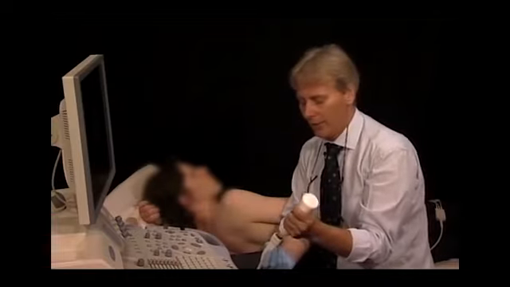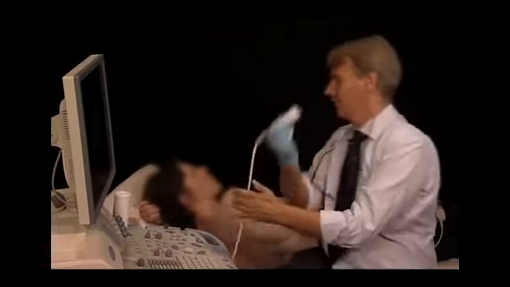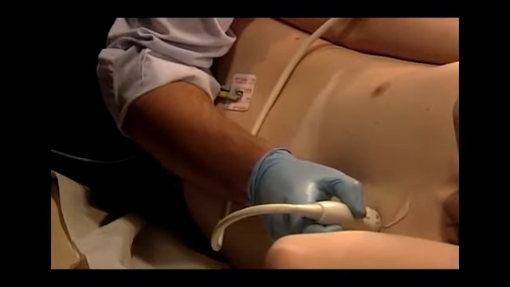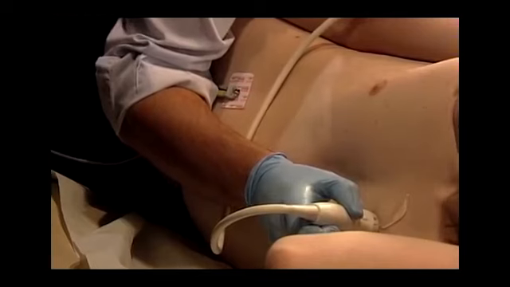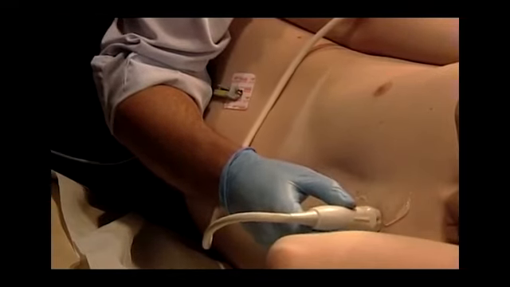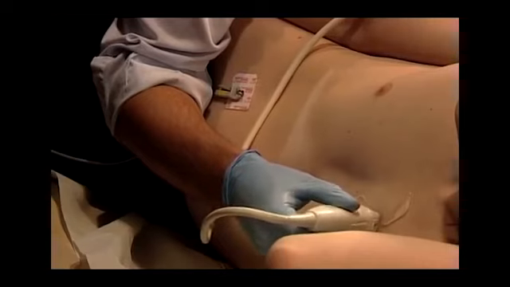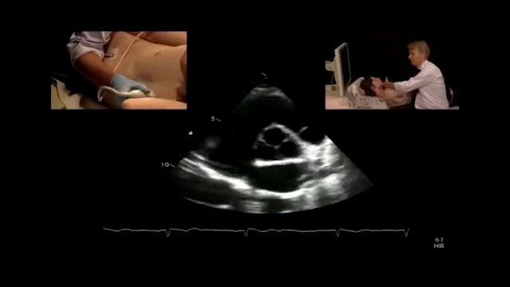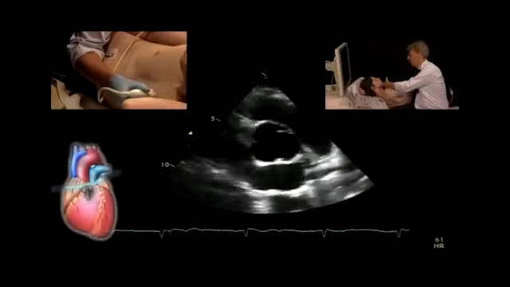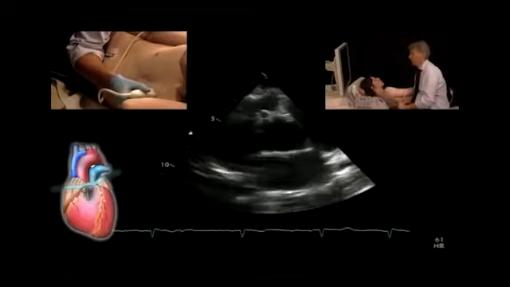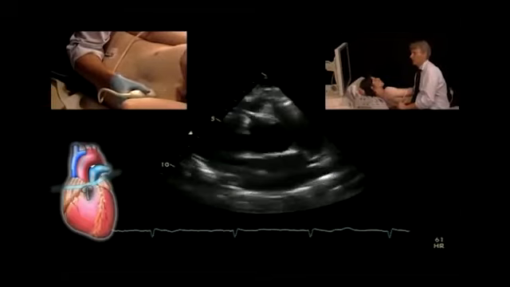So if you remember how we had the long axis, the marker was pointing towards the right shoulder. Now what we have to do is rotate the transducer clockwise until we are perpendicular to the original plane. Now the marker, which is here where my finger is pointing, points towards the left shoulder, or armpit actually.